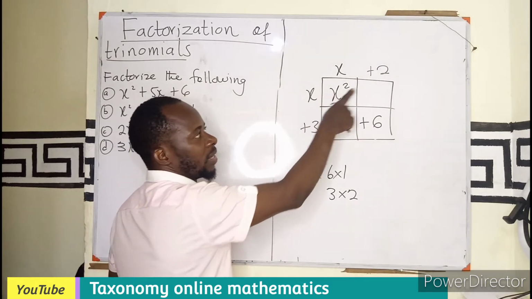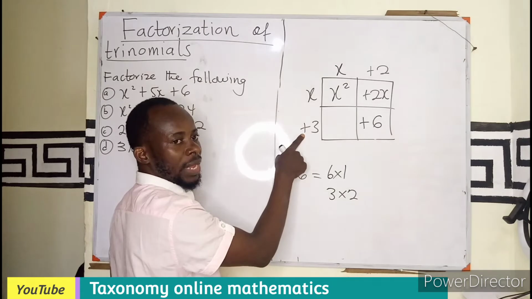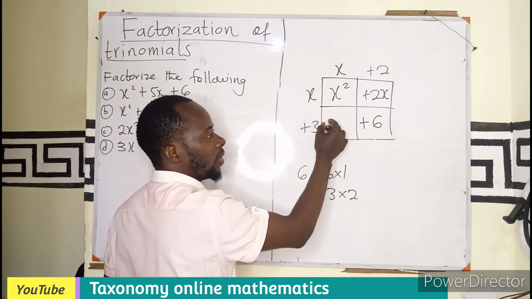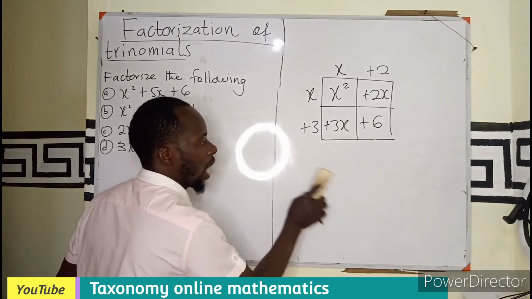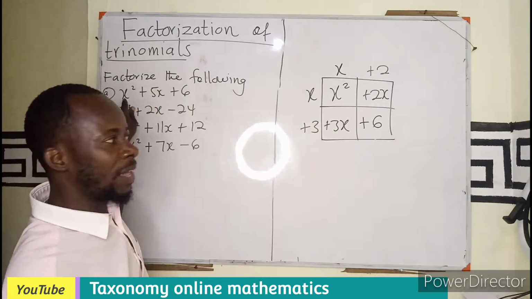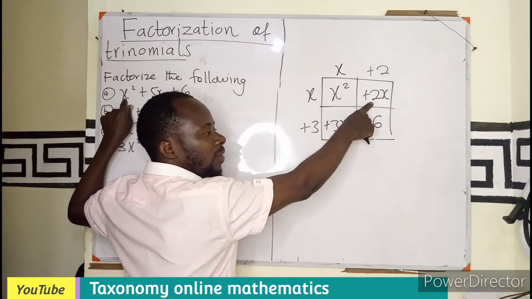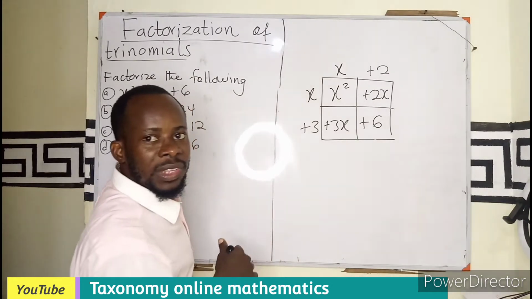Meaning x times 2 will give me plus 2x, and 3 times x will give me plus 3x. So in our grid, we can see that x squared is there. This plus this will give me 5x. Then our positive 6 is there.